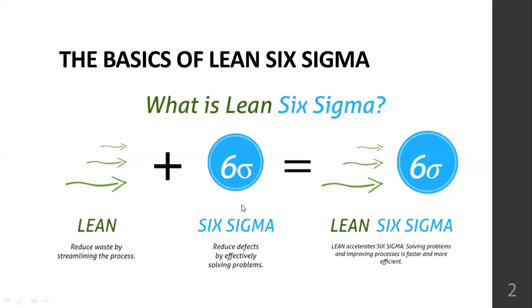You do not want to detect anything that is wrong at the end. You want to prevent all the defects from the start itself. It's not like let's complete all the process and at the end, let's see what is defective and what is not. From step one itself, let's do our process in such a way that there is no mistake at all. So that is Lean Six Sigma.